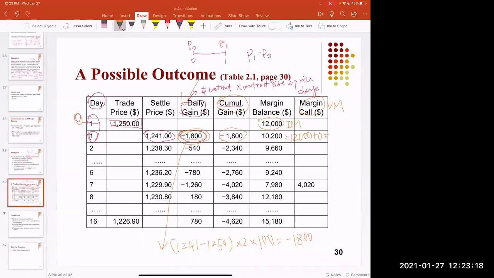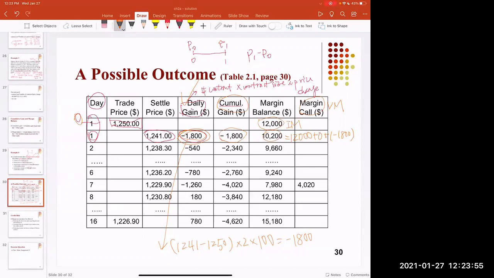And because it's a negative gain, we put negative 1,800. So that's the margin balance for day one. Can you calculate that? Is that 10,200? Yes. Okay, good. So that's 10,200.